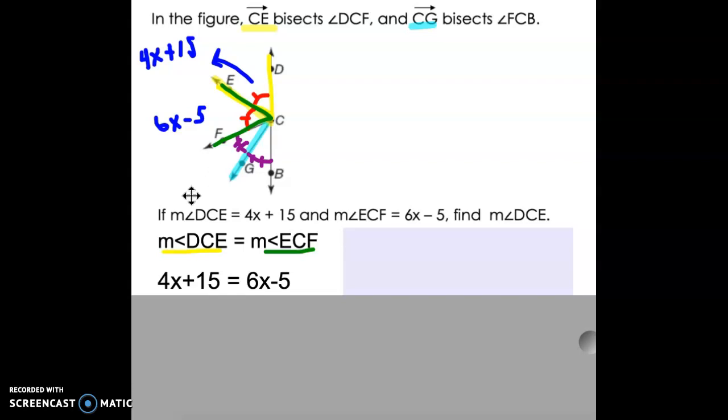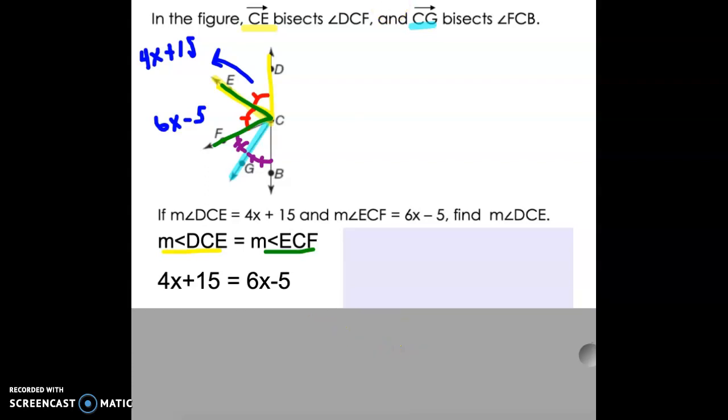Remember, when you are solving an equation, the goal is to isolate the variable. You want to get the variable on one side of the equal sign by itself, and then move all the other numbers to the other side. So for our first step, we want to subtract 4x from both sides of the equal sign.